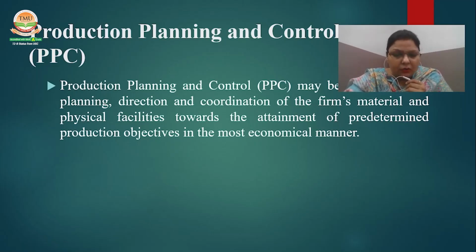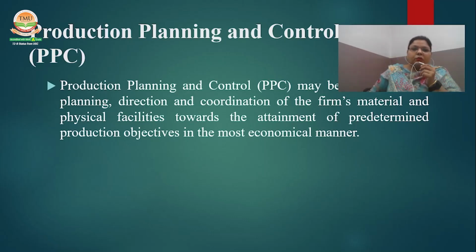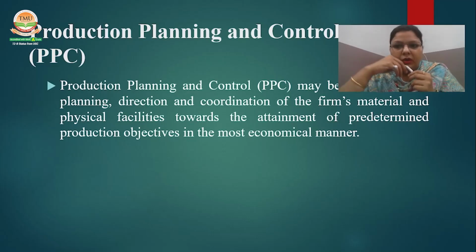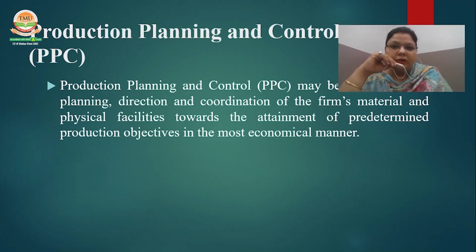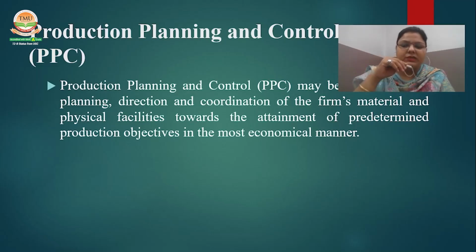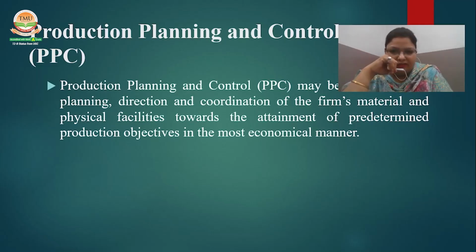It means how we can attain our objectives with the help of proper planning, proper coordination and proper direction, by the use of limited resources, or we can say optimum utilization of resources, materials and physical facilities in the most economic manner, so the overall costs will be lower than before. We have to think about cost.